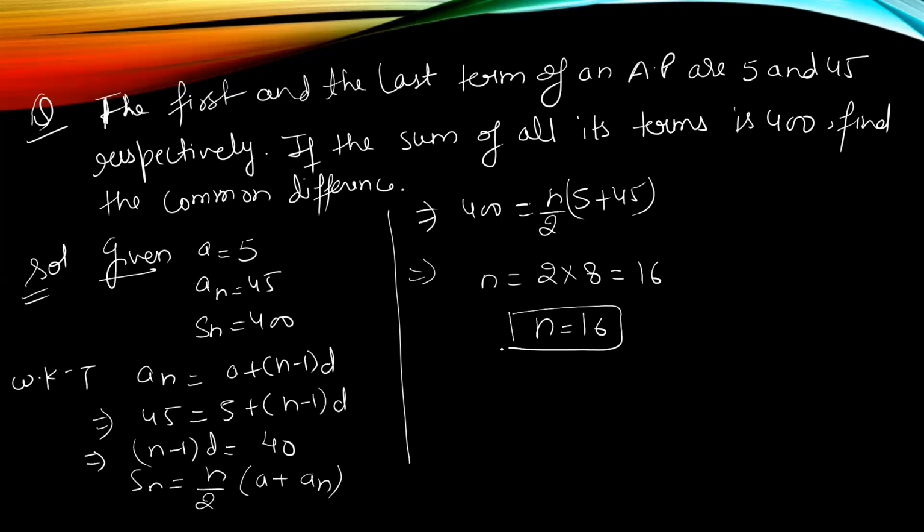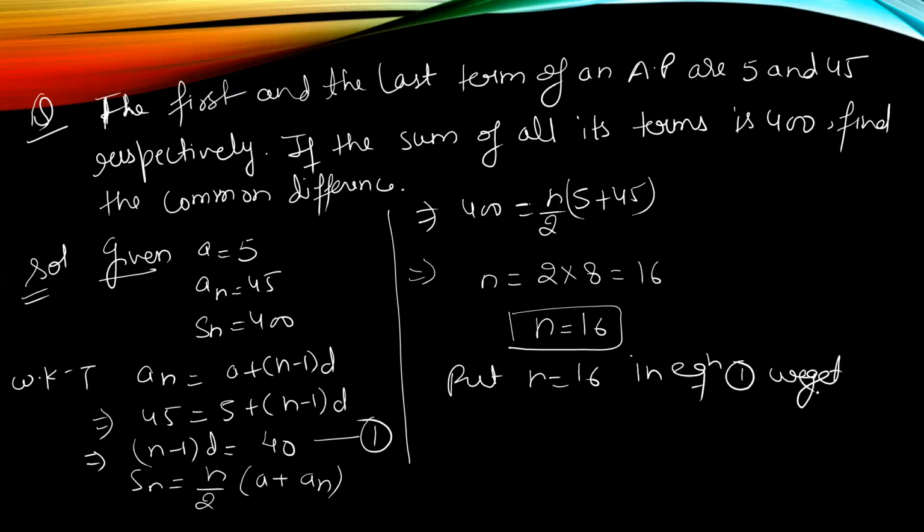Now let's take (n minus 1)d equals 40 as equation number 1 and put n equals 16 in equation 1. We get (16 minus 1) into d equals 40, which means your d will be equal to 40 upon 15, which is 8 by 3.